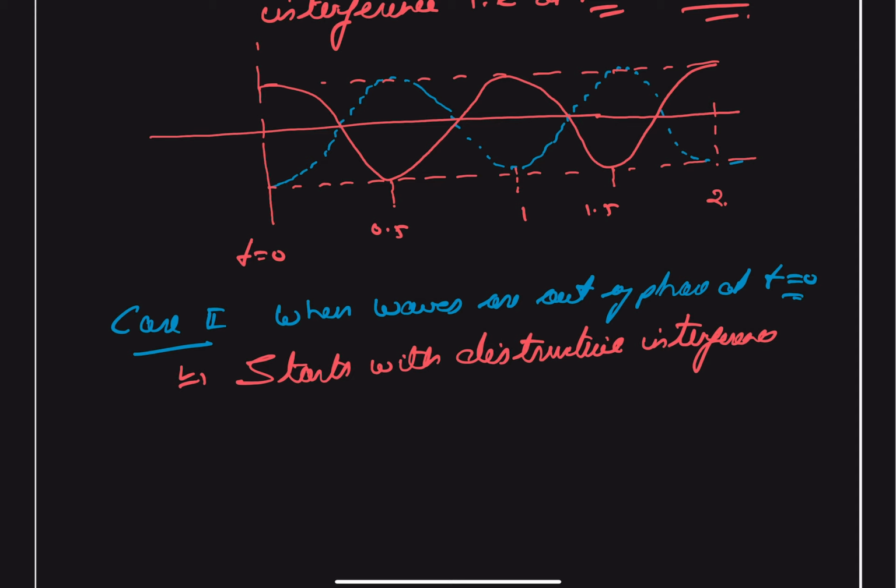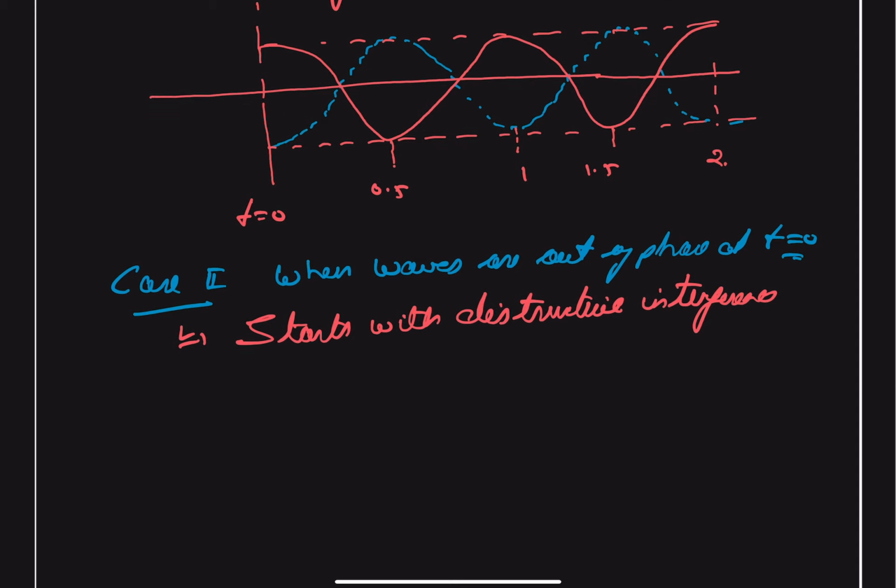So it means that at t equal to 0, we are going to get a node. So let us draw its approximate diagram.